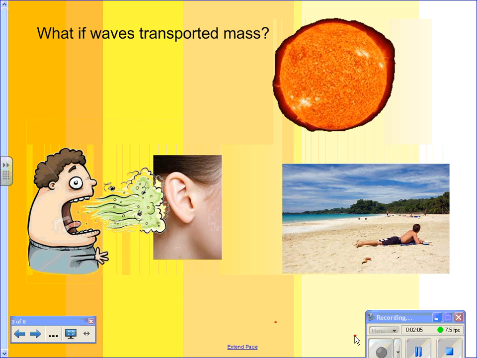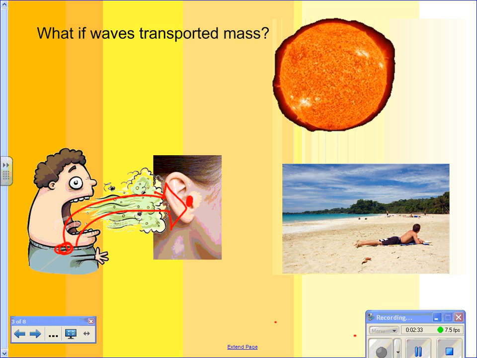Now, what would it mean if waves did transport mass? Well, we think about my voice reaching you in class. My voice travels, of course, as a sound wave. So the sound actually leaves my vocal cords, which would be somewhere here, and it reaches your eardrum, which would be somewhere here. And that can happen without the physical mass coming from my throat and then hitting you as though I'm breathing on your ear.